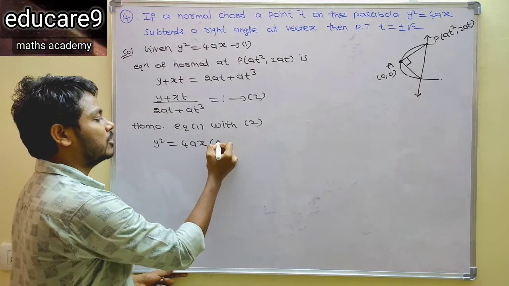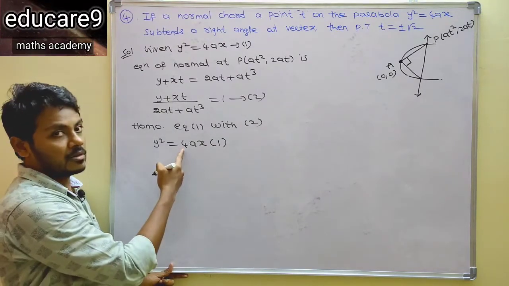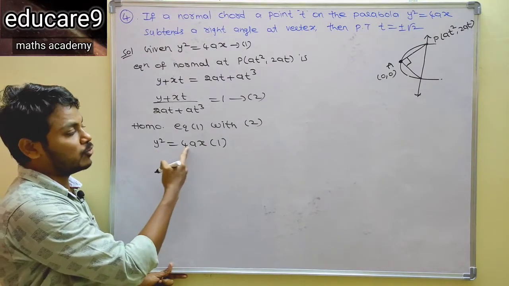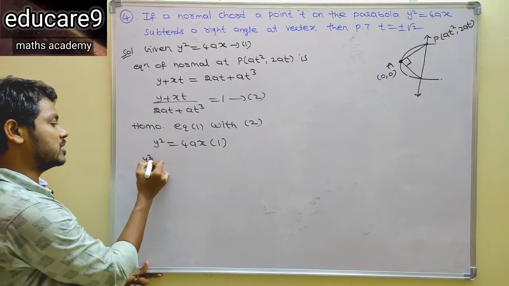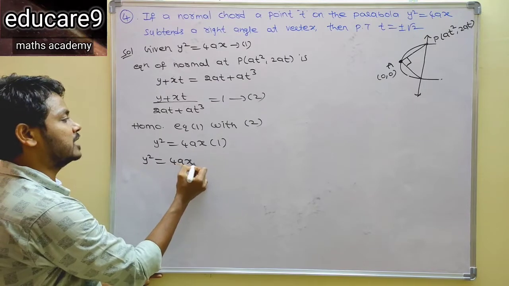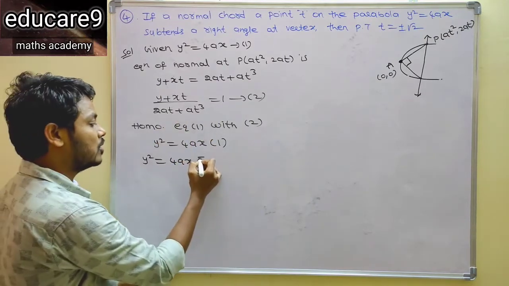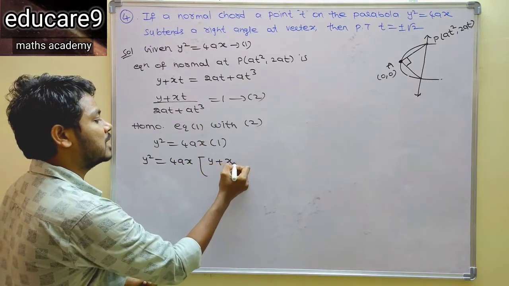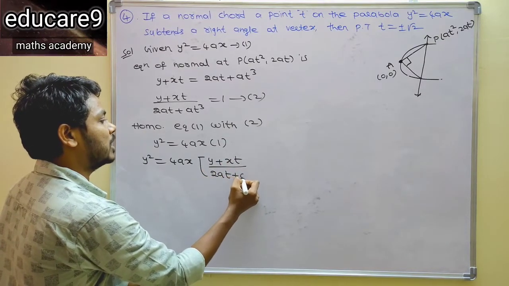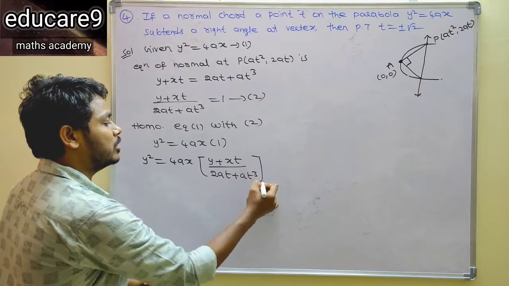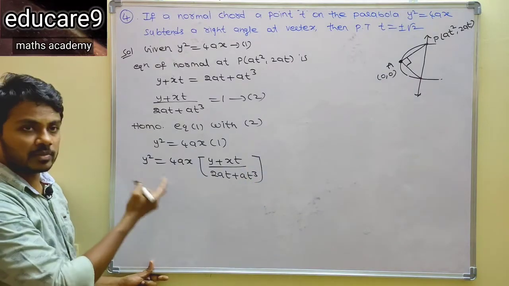So for that, here 4ax, right, into 1. So this is y square is equal to 4ax into, what is the value of 1? y plus xt divided by 2at plus at cube. Now cross multiplication.